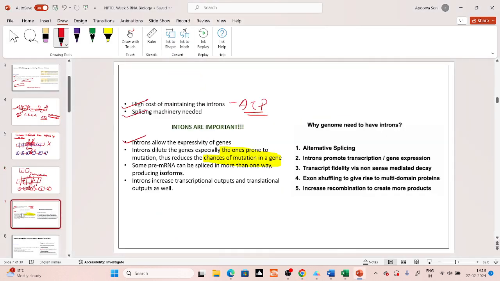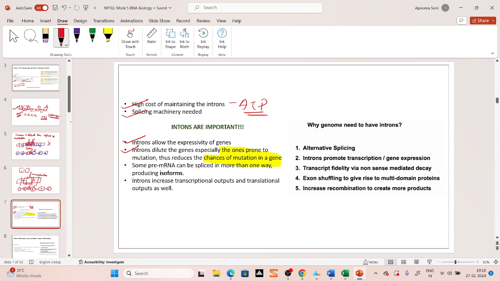So this is one reason: introns dilute the effect on the gene, especially the ones which are prone to mutation. Thus, it reduces the chances of mutation in a gene. Then the next point, which we have already studied, is that pre-mRNA can be spliced in more than one way. That is alternative splicing. That means from one particular single mRNA, we can have many different proteins.